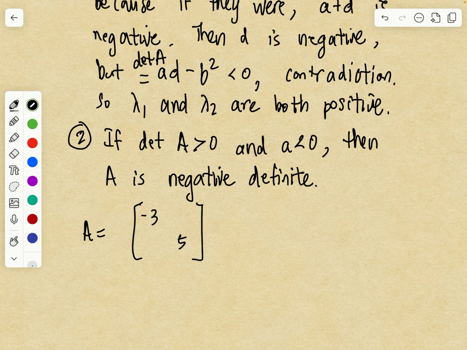Oh, well, now we see what's going on. If you try to take the determinant where you have a positive top left entry and a negative bottom right entry, this is going to have a negative determinant.